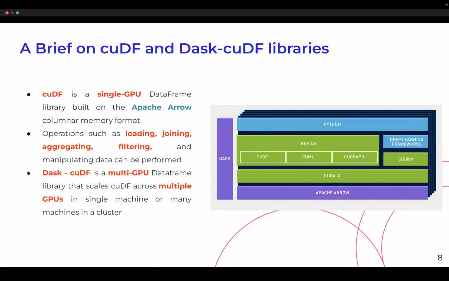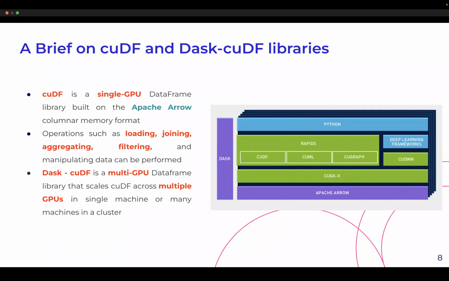There are libraries and APIs provided by Rapids to do that as well, so that you can use multiple GPUs in a single machine or many GPU machines in a remote cluster. So that option is available. Depending upon the data file sizes, we are supposed to choose which one to use.